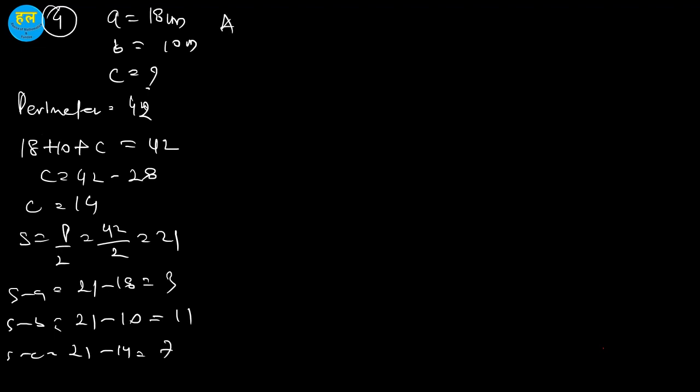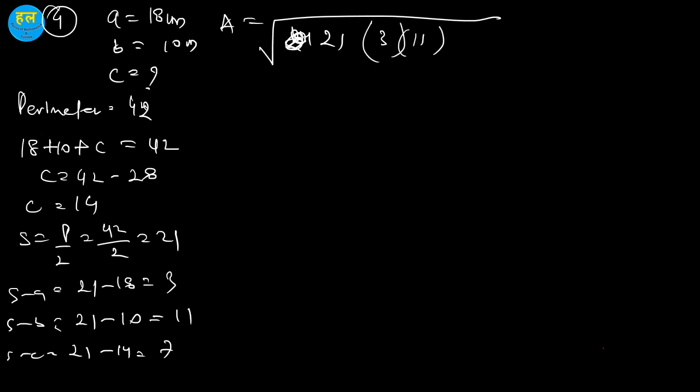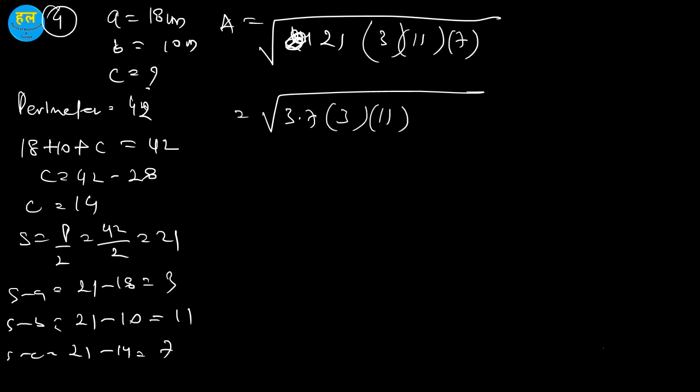When we put it in Heron's formula, we get under root of 21 into 3 into 11 into 7. Here is 3 into 7, 3, 11, 7.